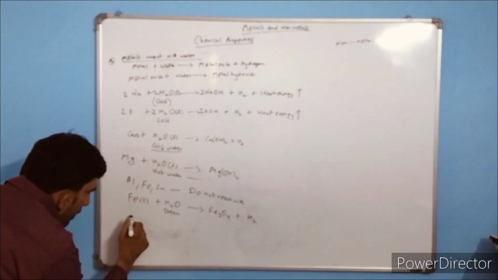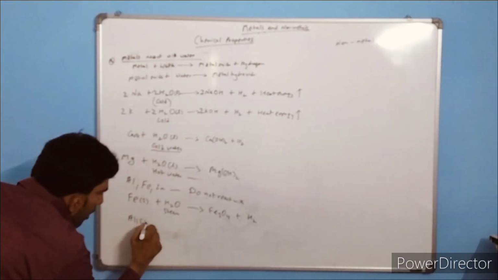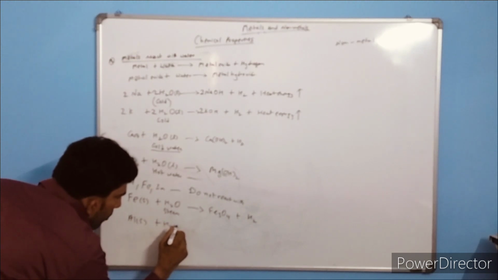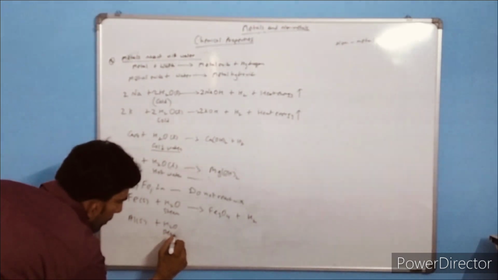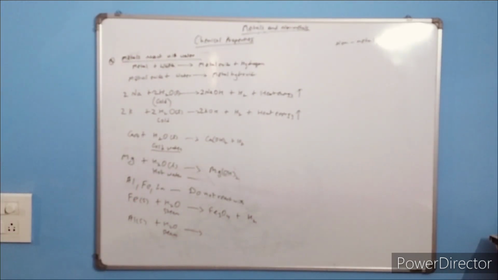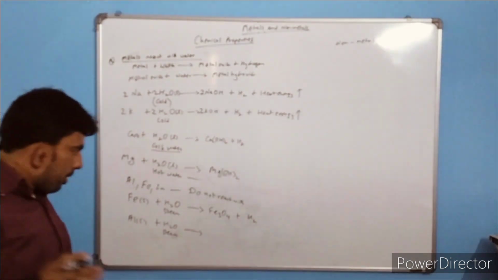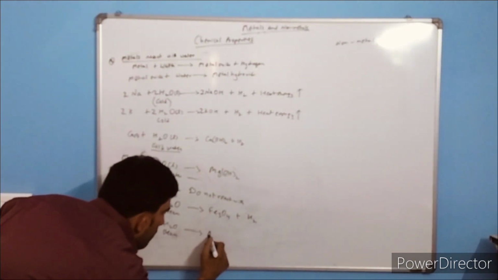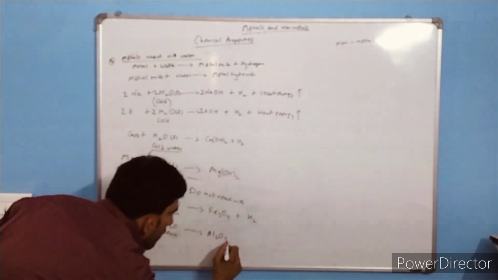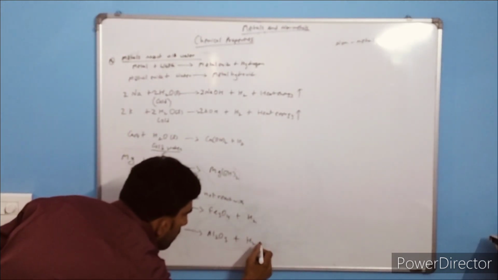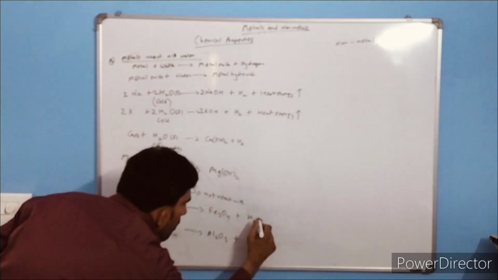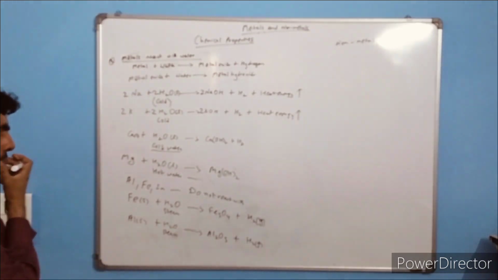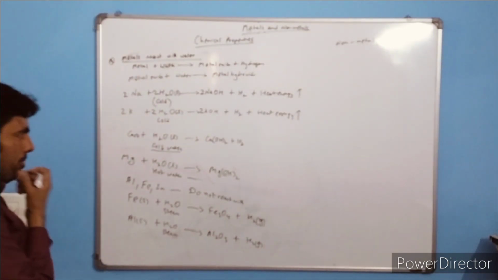In the same case for aluminium, when aluminium reacts with steam, it will form aluminium oxide plus hydrogen gas.